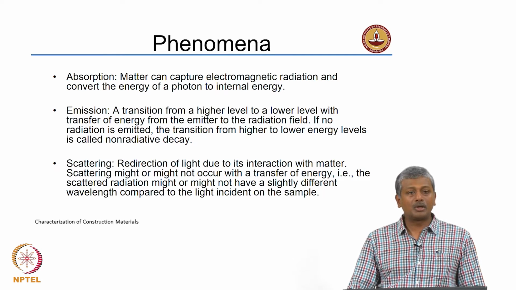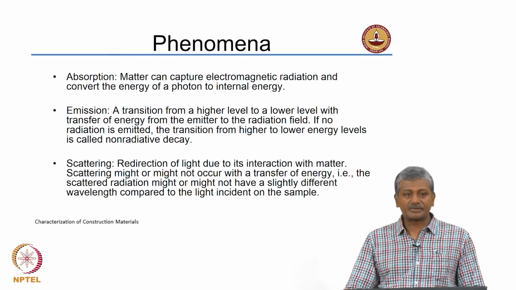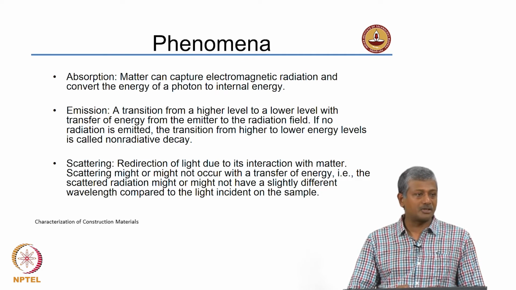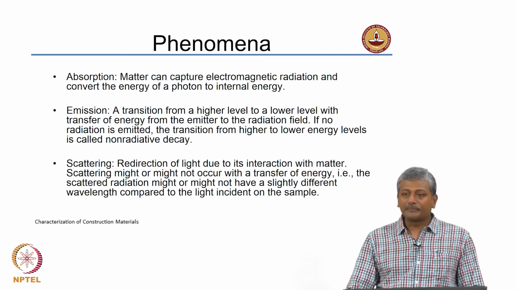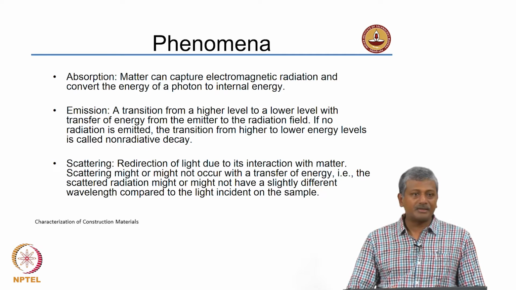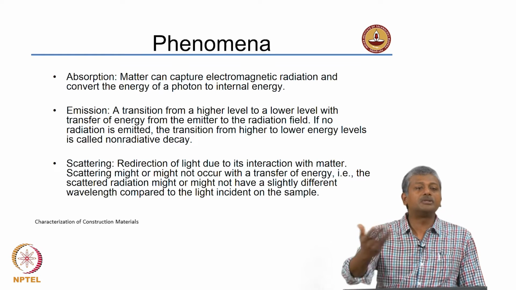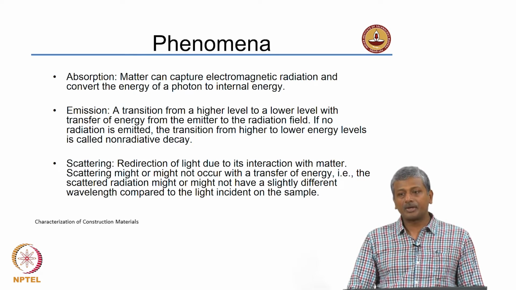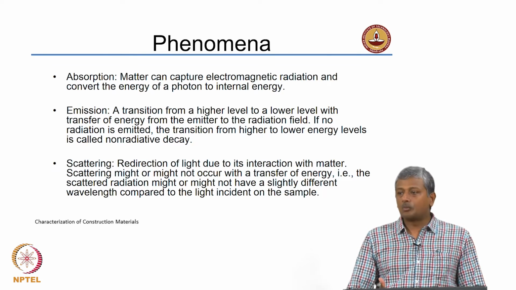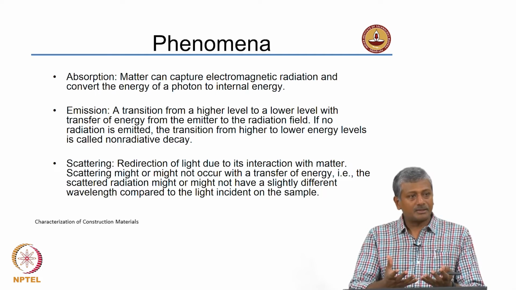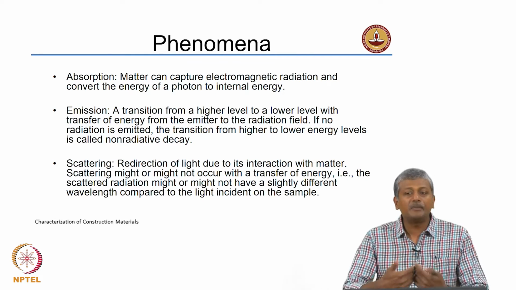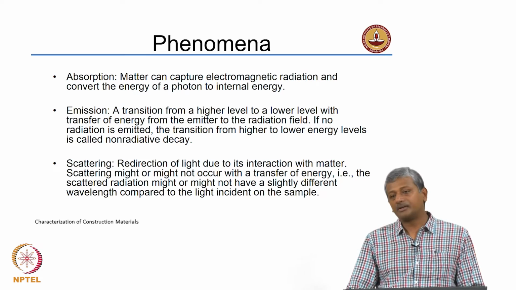It can lead to probably ejection of outer shell electrons, for instance, right. So, that is basically absorption of the radiation. Emission happens when internal changes in the system lead to an emission of an electromagnetic radiation. Okay. The atom or molecule is in an excited state, and to come back to its natural state it emits radiation which is in a specific wavelength.